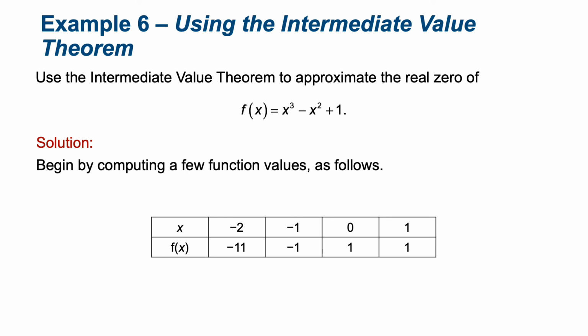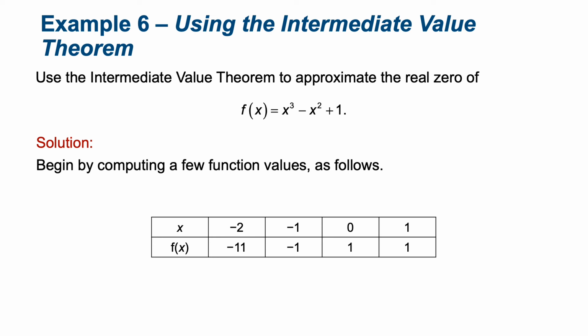Okay, so let's do an example. If we wanted to use this theorem to approximate a 0, we'd start by plugging in some function values. So we'd create a table, and we'd plug in negative 2, negative 1, 0, 1, and see our answers.